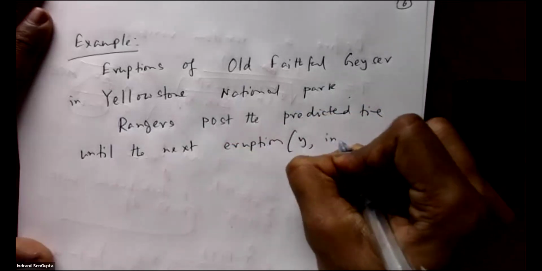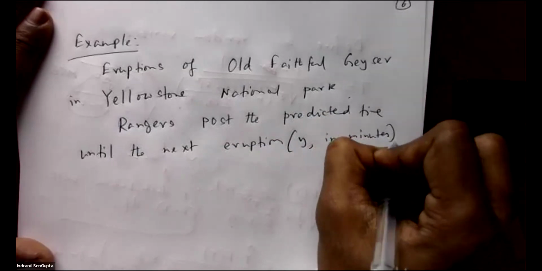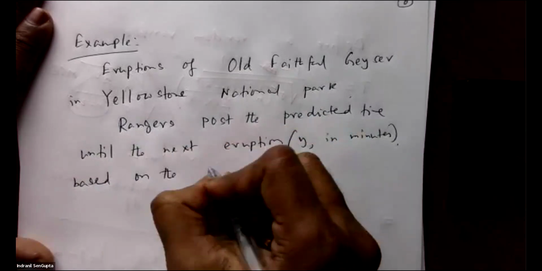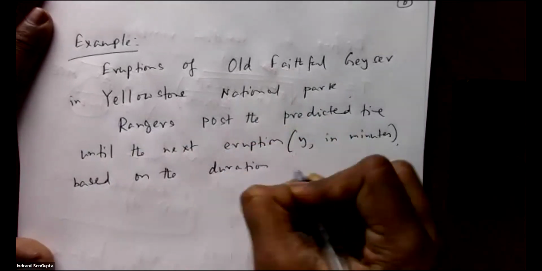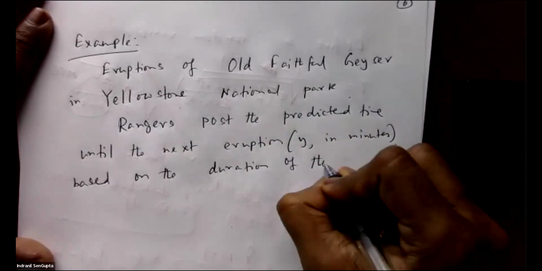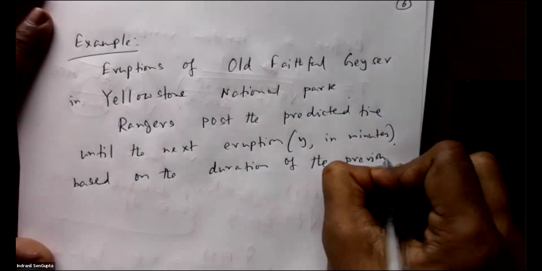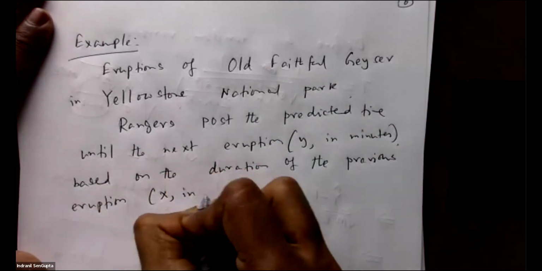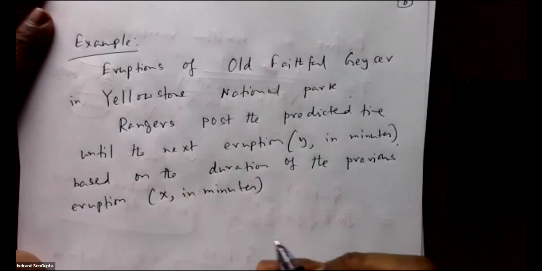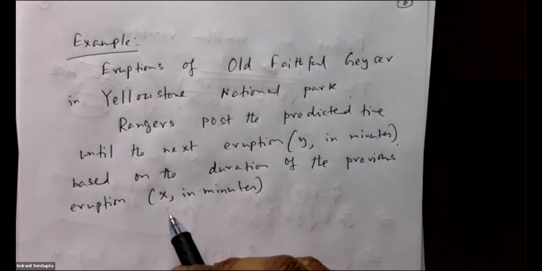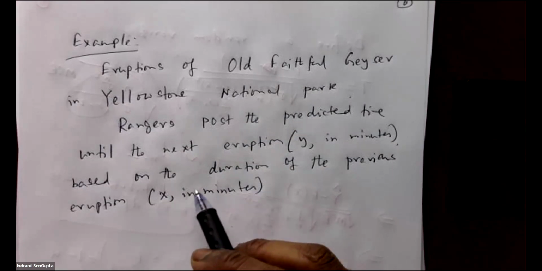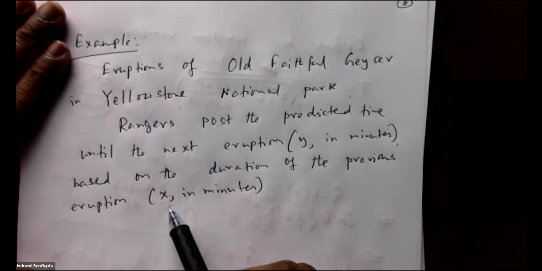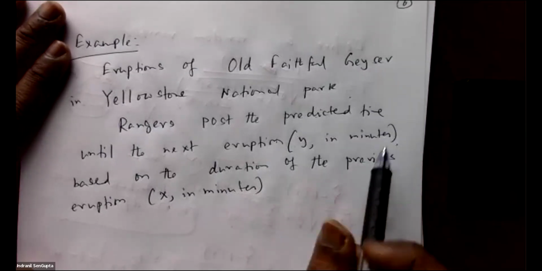So that is the y in minutes based on the duration of the previous eruption. That is x in minutes. So if maybe the previous eruption was for 3.4 minutes, then the next eruption can be maybe 2.9 minutes. Okay, so x is the observed variable, y is something we should try to predict.